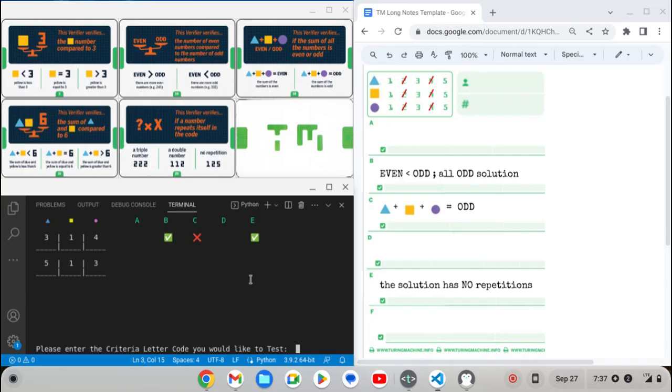So let's test criteria card D. Okay, yes, absolutely. The sum did come out to be 6.